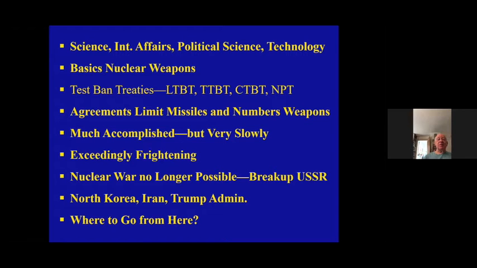One of the reasons that nuclear weapons are way down now in public attention is the idea that the arms race went away with the breakup of the Soviet Union. But in fact, while the Soviet Union broke up, the United States and Russia both continued to have lots of nuclear weapons.